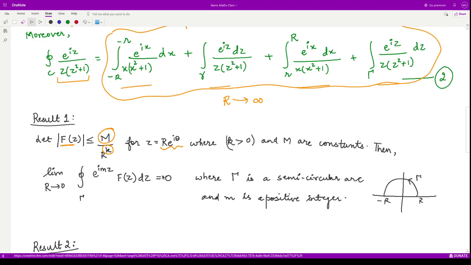Here gamma is the semicircular arc and m is any positive number. Here in our case m is equal to 1.